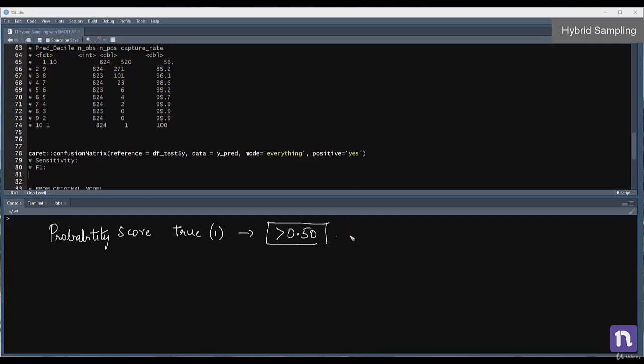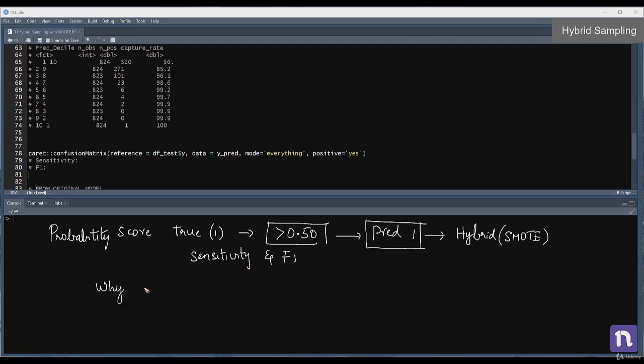As a result, they are being predicted as 1 in the hybrid SMOTE based model that we just built. That is the reason why sensitivity and F1 score are good. But the important question is, why should the capture rates go bad?